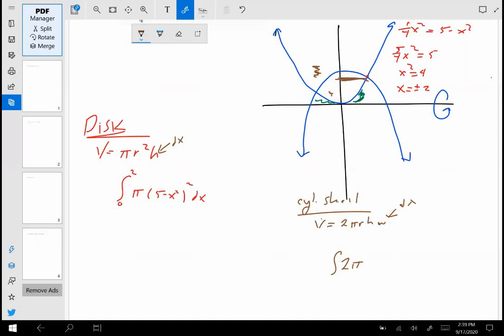I say the top half and the bottom half is one of the rectangles we have to do is for this half of it, because any rectangle we put there is going to go from the axis to the 5 minus x squared, right? And anything below that will go to the 1/4 x squared is where it'll end. Okay. So the radius then will be 5 minus x squared.